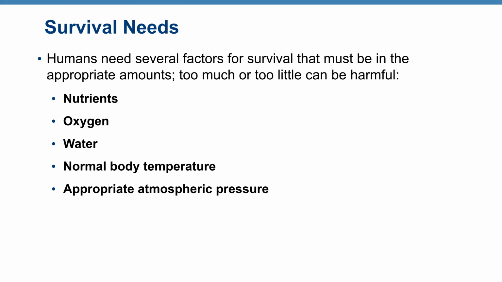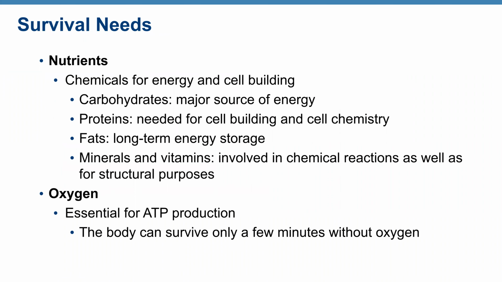Survival needs of organisms. Humans need several factors for survival that must be in the appropriate amounts. Too much or too little can be harmful. Those factors include nutrients, oxygen, water, normal body temperature, and appropriate atmospheric pressure. Nutrients.